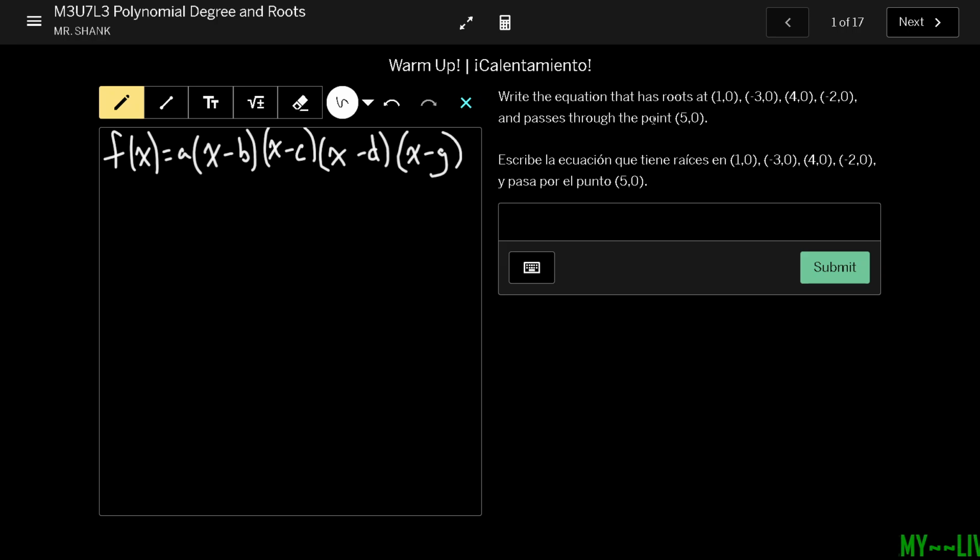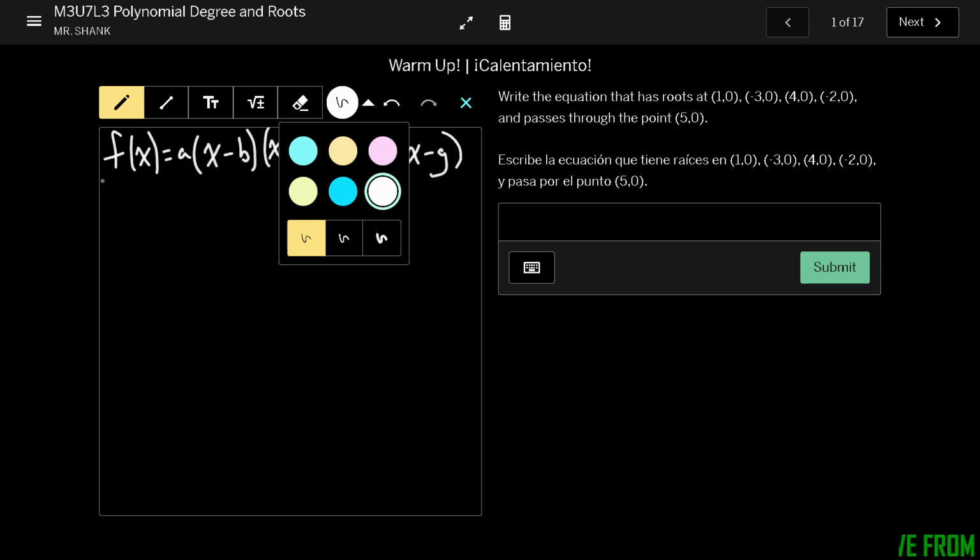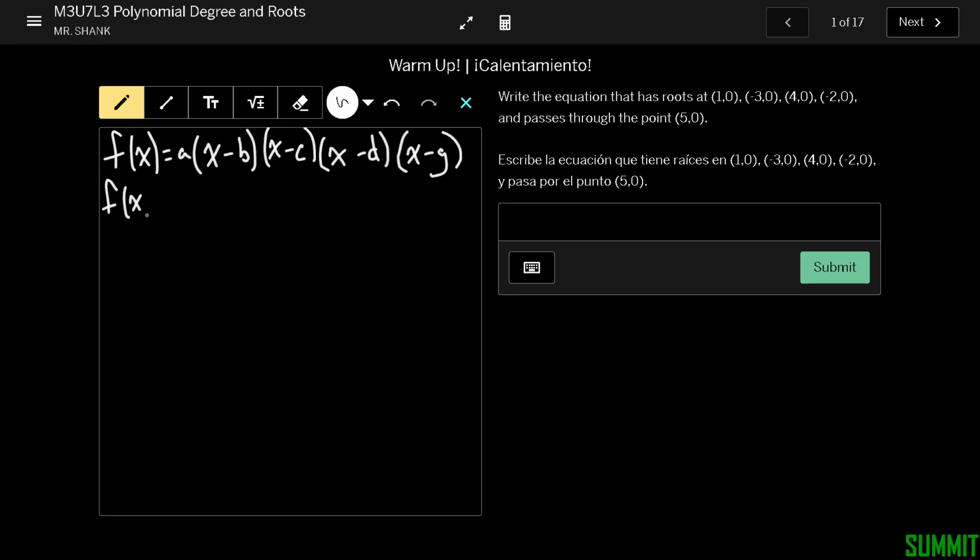So now I substitute in my x-intercepts for my letters here. So this was my general equation. Now I'm going to sub in, so I'm going to say f of x equals, I don't know what a is, but I have (x minus 1) times (x plus 3) times (x minus 4), and our last point is (x plus 2).